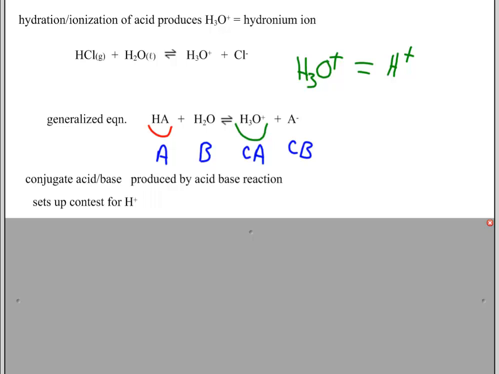And the anion from our original acid becomes what we call the conjugate base. This conjugate acid-base reaction occurs in equilibrium. When we have a conjugate acid-base reaction, the stronger acid is the one that gets to hang on to the hydrogen ion. So in this particular reaction, we're going to look at the concentration of our original acid, HA. We're going to look at the concentration of our hydronium ion. Whichever is larger ends up being the stronger acid.